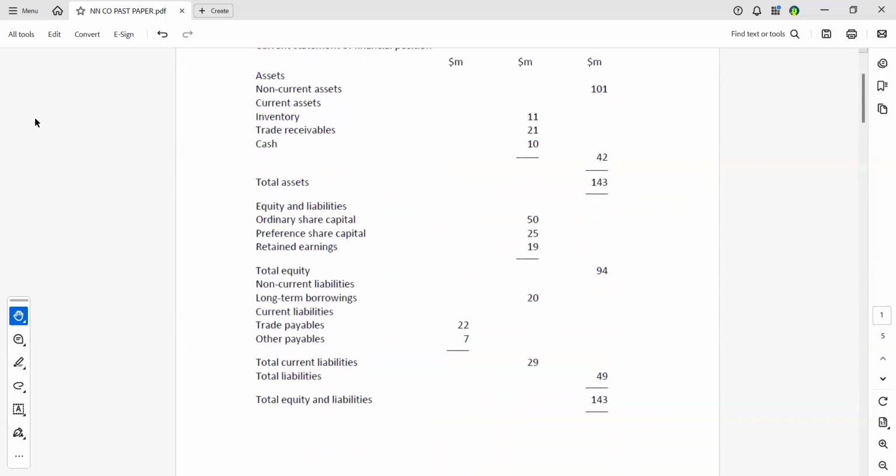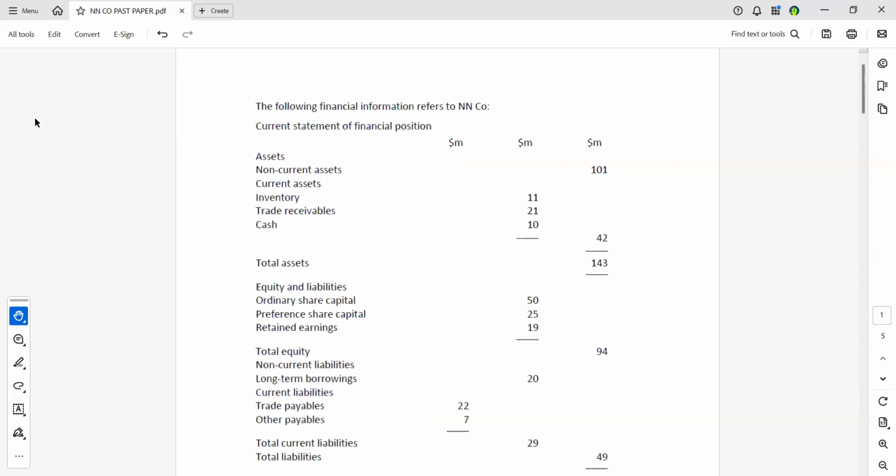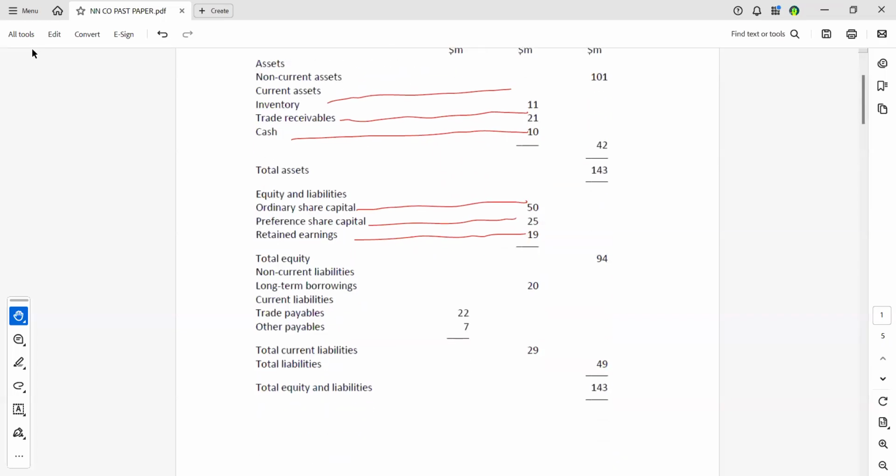Now let's go through the question quickly. So we have net current assets here, 101. Current assets: inventory 11, trade receivables 21, cash 10. Then we have equity: ordinary share capital 50, preference share 25, retained earnings 19.